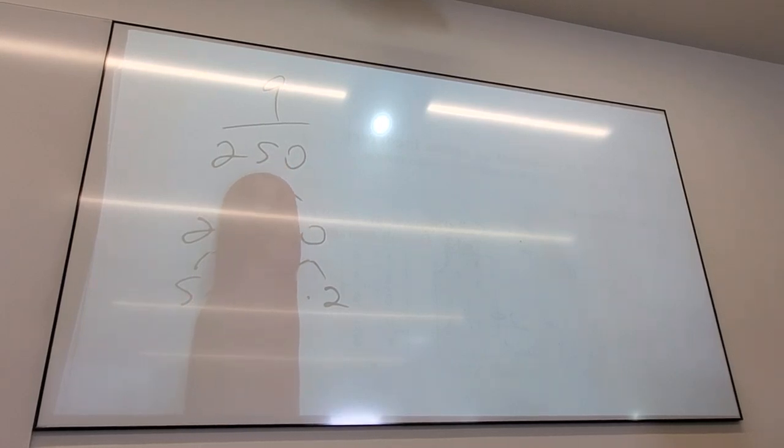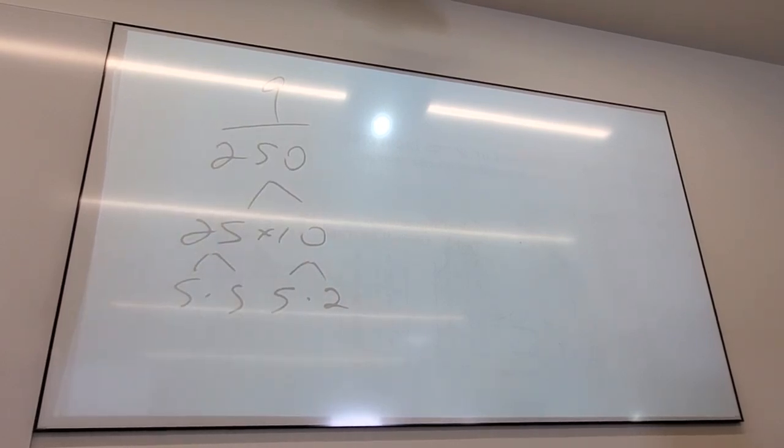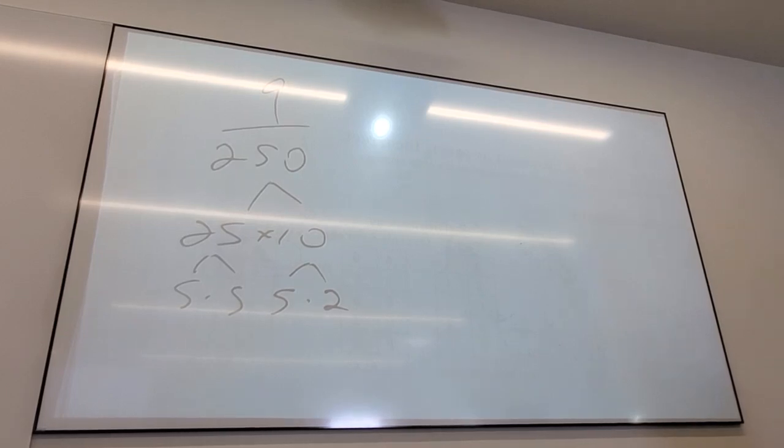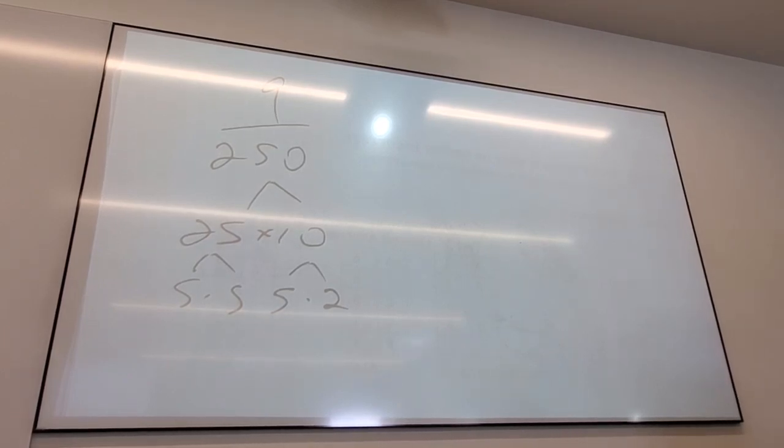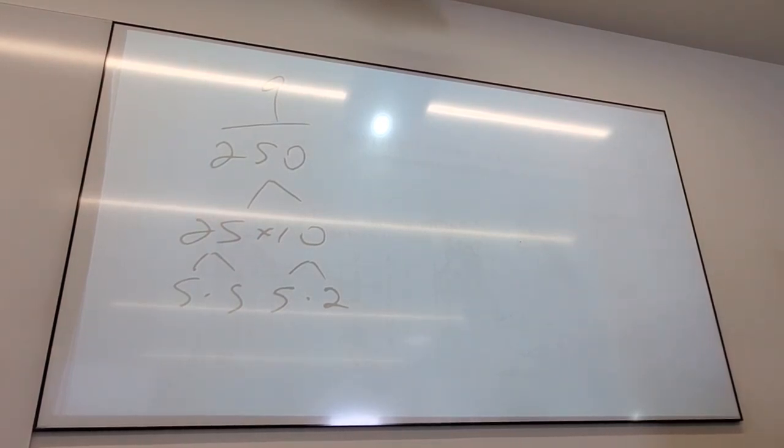Yes. Does somebody have a calculator? What is 9 divided by 250? It's 0.036. Now, here's why that's not a surprise. Everybody stay with me. If I have a fraction and the bottom only has factors of 2 and 5, it will be a terminating decimal because then it's got some multiple of 10s on the bottom.